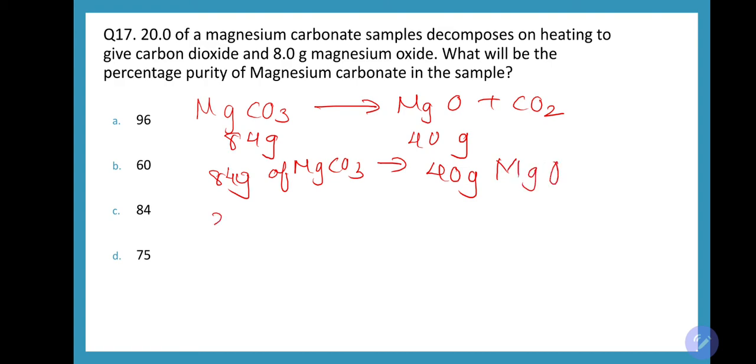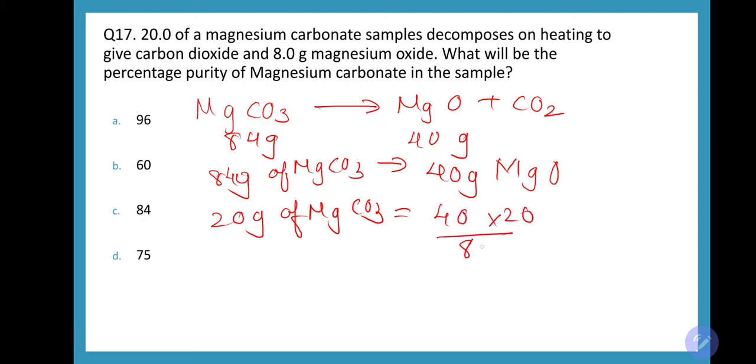Then 20 gram of MgCO3 will give MgO: 40 into 20 divided by 84, which gives 9.52 gram of MgO. But the actual yield given is 8 gram, right?